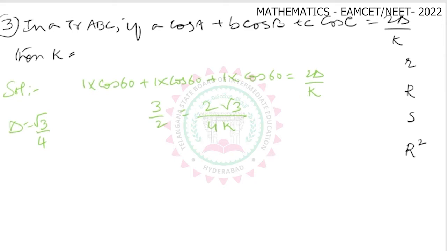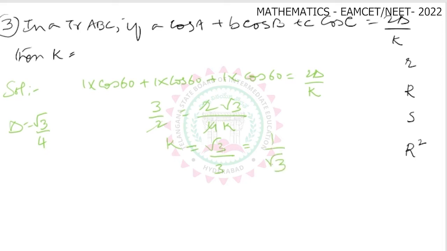So these 2 ones are 2, twos are cancelled. So what is the value of k? k equal to root 3 by root 3. k will go to the numerator, root 3 will remain as it is, this coming to the denominator. Root a by a is nothing but 1 by root a.